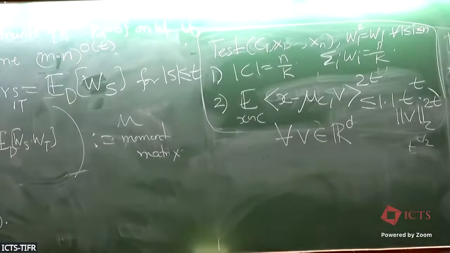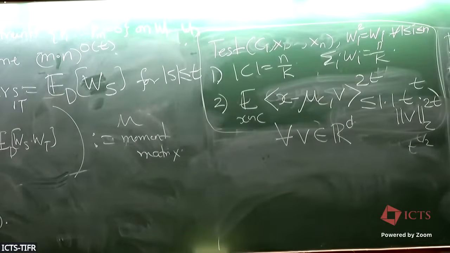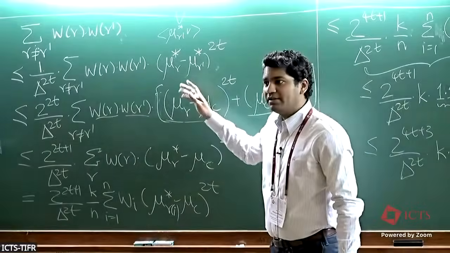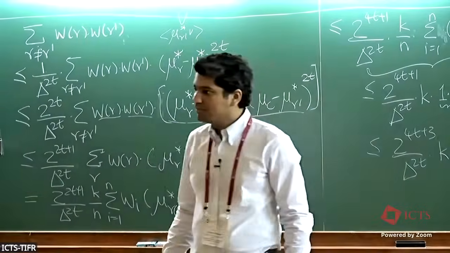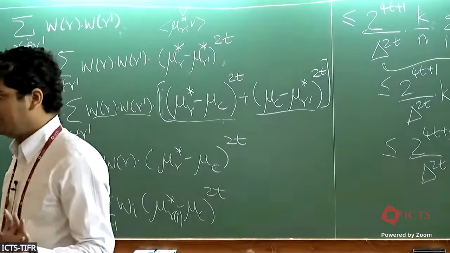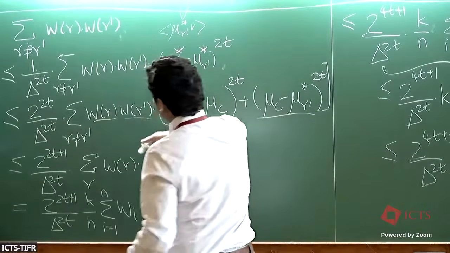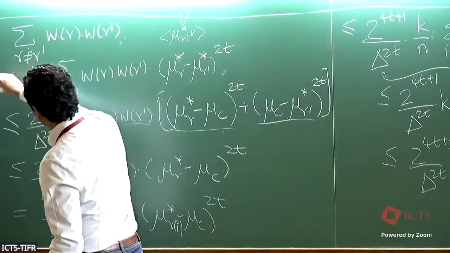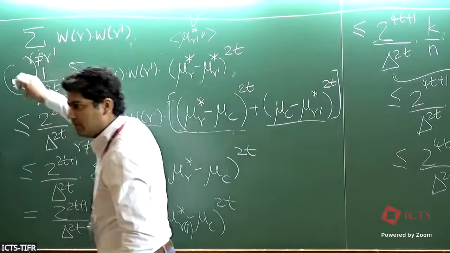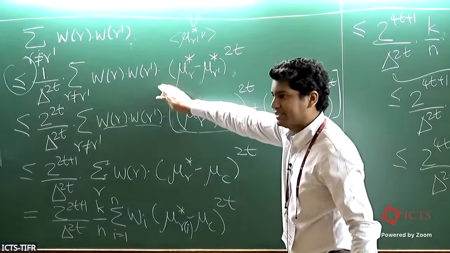I'll be a little bit hand wavy, but the point is that the same argument works. That's the reason I did not erase it all this time. What would I do? I'll do this argument after projecting all the vectors into a fixed direction v. Then it's a 1D problem. Let's ignore the first step; we'll get back to it later.